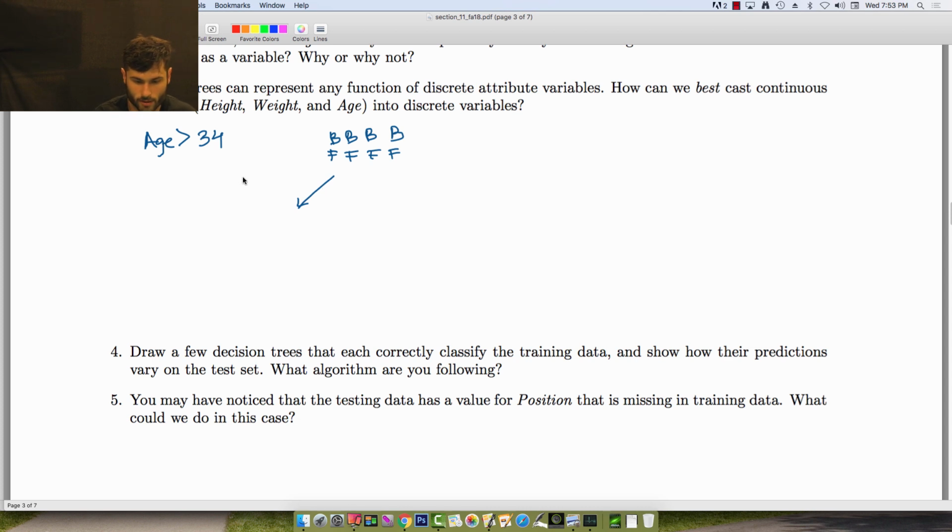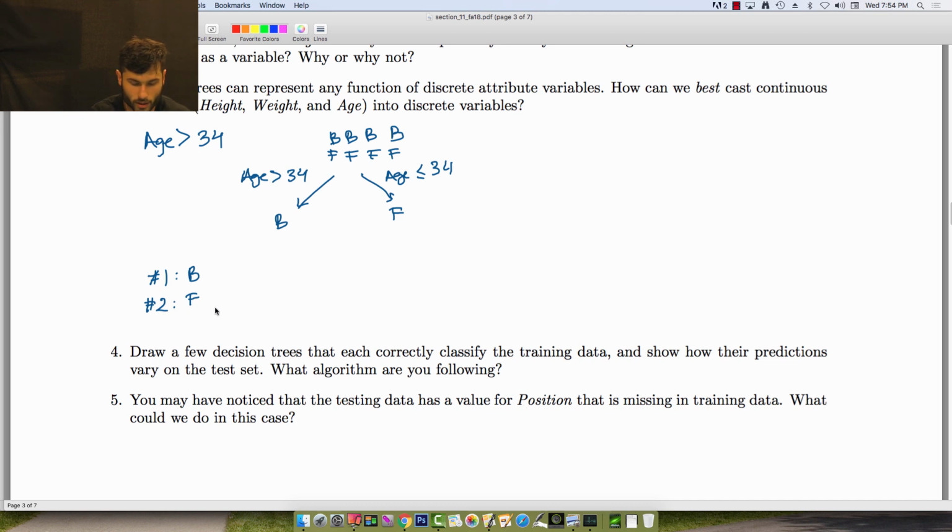So if we classify age bigger than 34 as basketball, and age smaller or equal to 34 as football, this will perfectly classify the data. Our first example in the test set will be classified as basketball, and the second one as football.